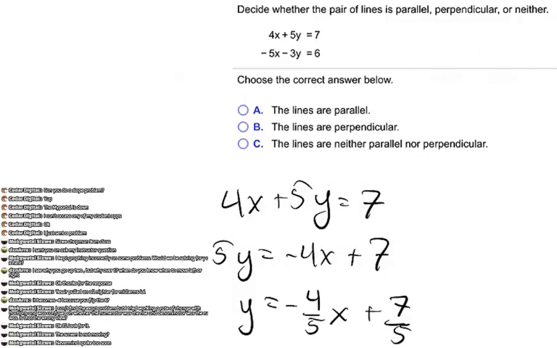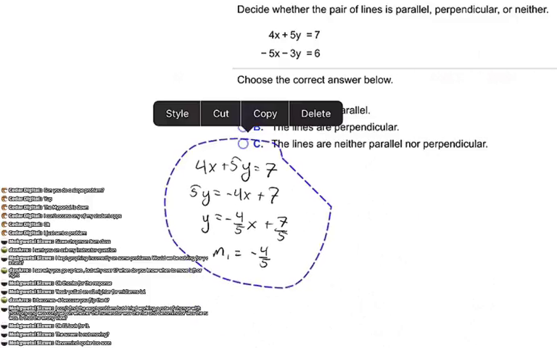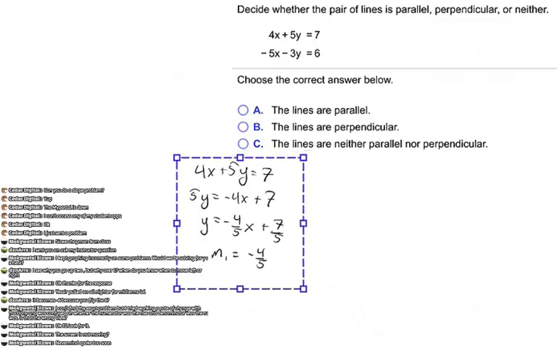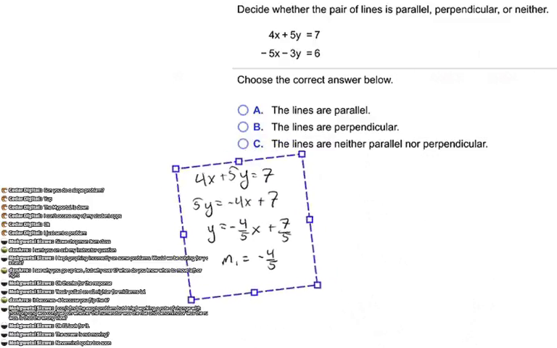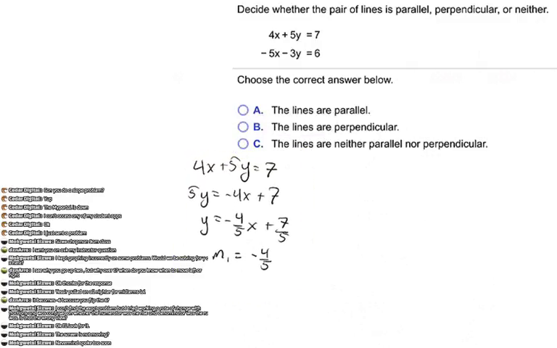I'm going to shrink this down, move it up and over, out of the way. All right, let's clean it up a bit. Okay, so this first slope is -4/5. So now let's check the second one.